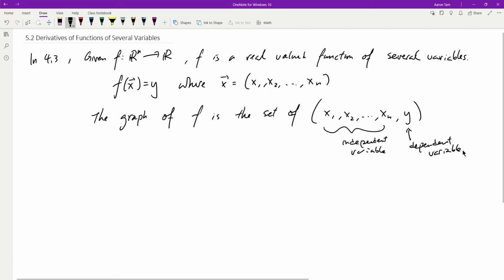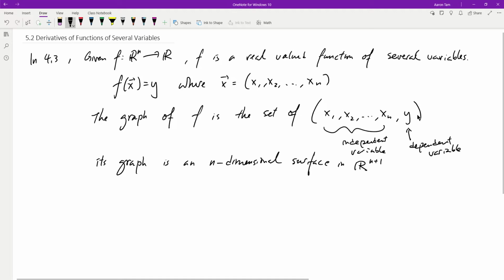Therefore we learned that its graph is an n-dimensional surface in Rn plus 1. It's n-dimensional because there are n independent variables, but the output has an extra dependent variable that we have to put in, and therefore it becomes n plus 1. So those are what we learned in 4.2, technically speaking.